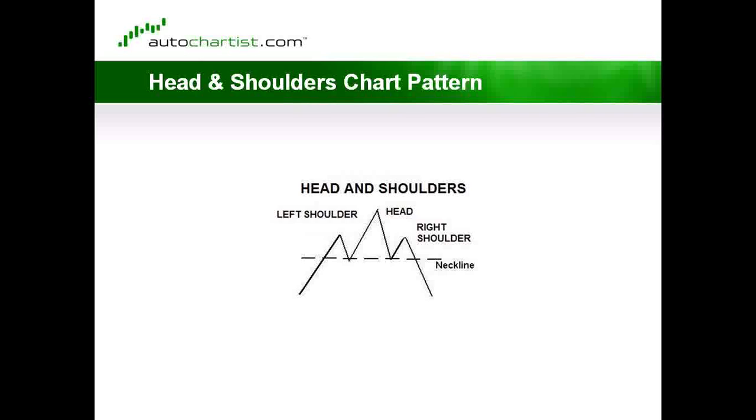So the left shoulder is created during an uptrend, and then the price retraces back down almost 100% of the entire last move into this head, and then it makes one more attempt to rally, and when this fails, this is the warning sign right here on this right shoulder that the uptrend is beginning to turn weak.